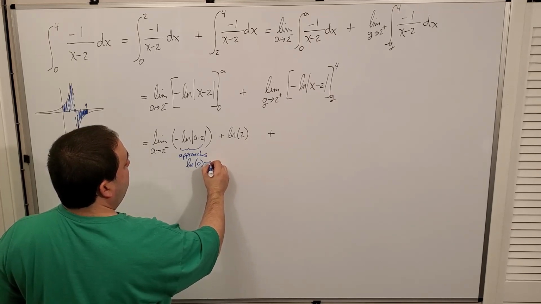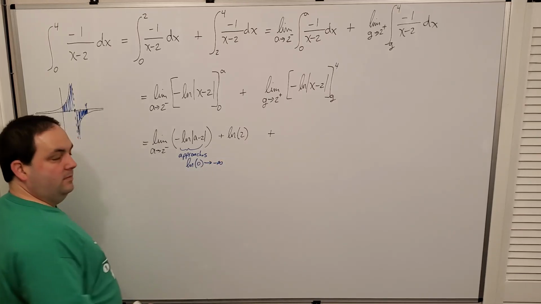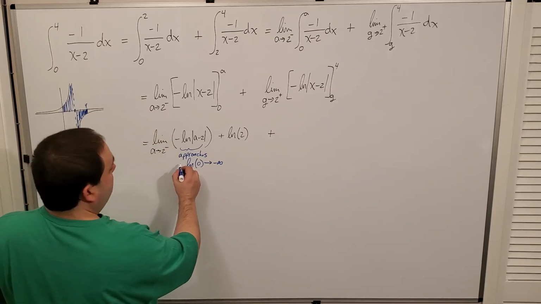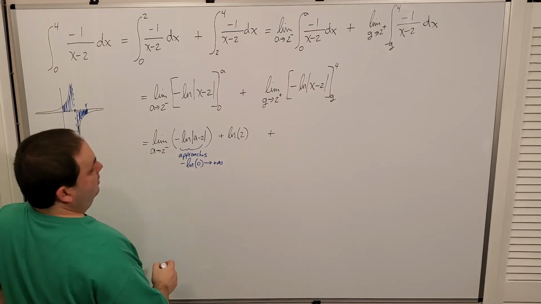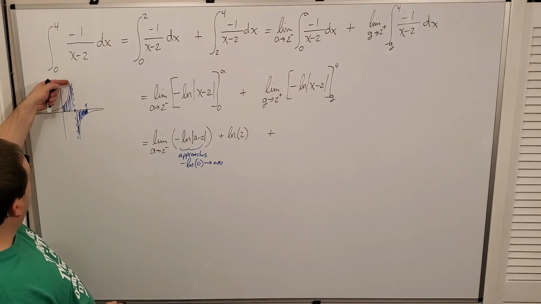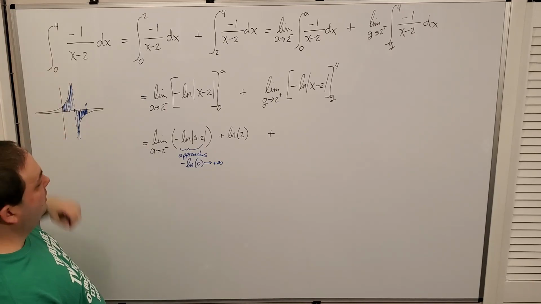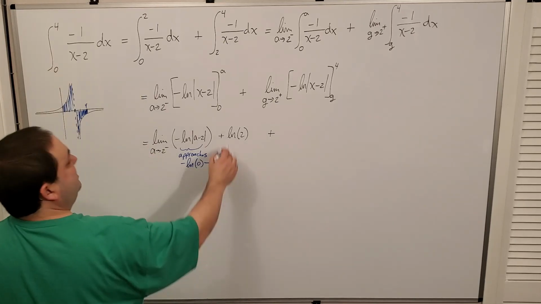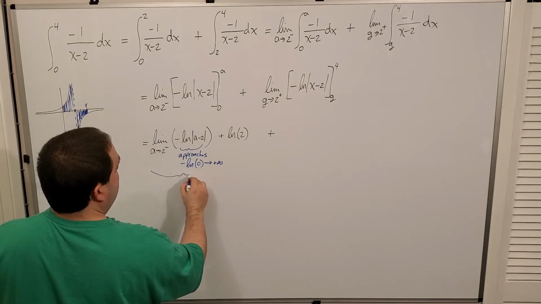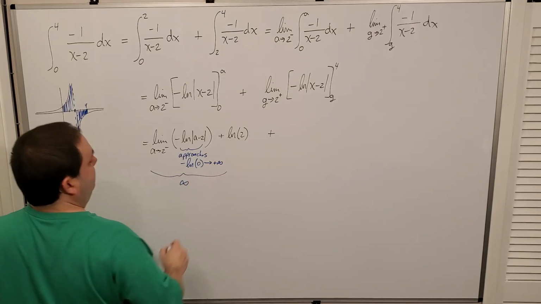Which, remember, goes to negative infinity. However, it's a negative of that, so it's going to approach positive infinity, which you should expect. Look, it's exactly what's happening on the left-hand side. So just this piece by itself is infinity.